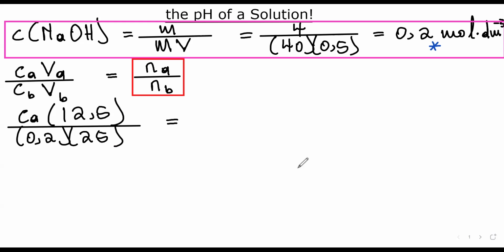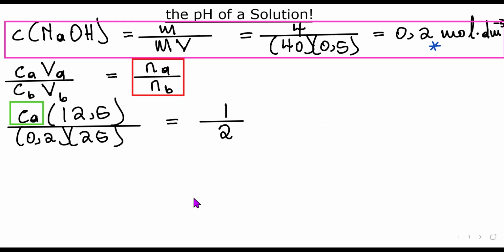So from the balanced chemical reaction, we can see that the coefficient of sulfuric acid is 1, and the coefficient of sodium hydroxide is 2. Then how do you make the concentration of the acid the subject of the formula?